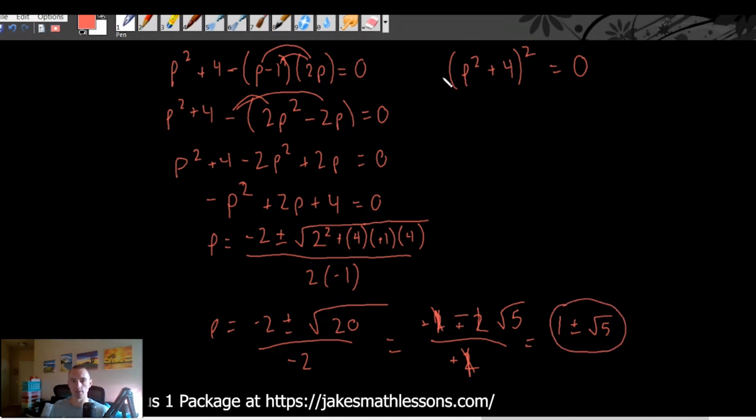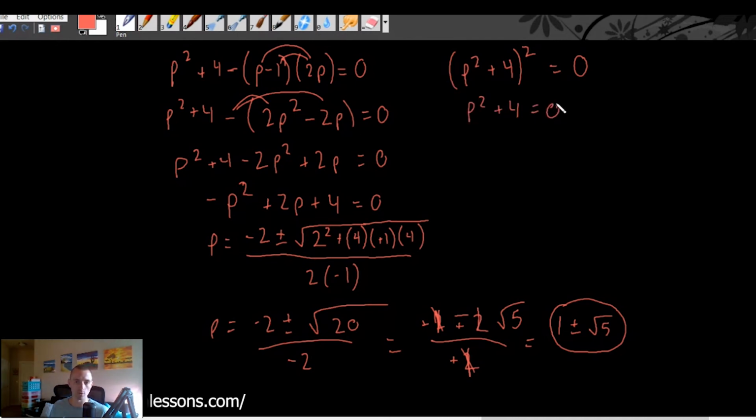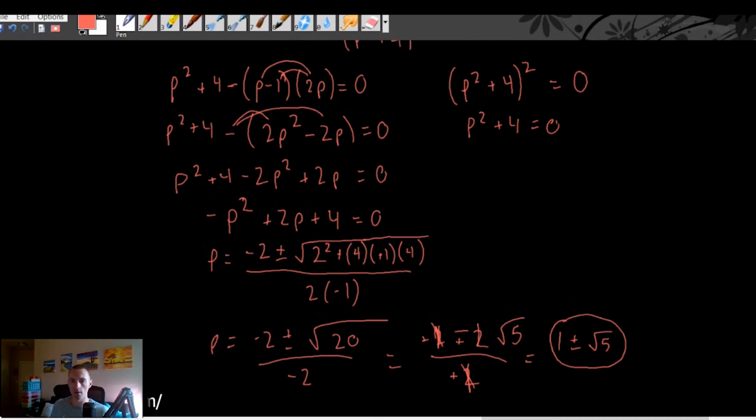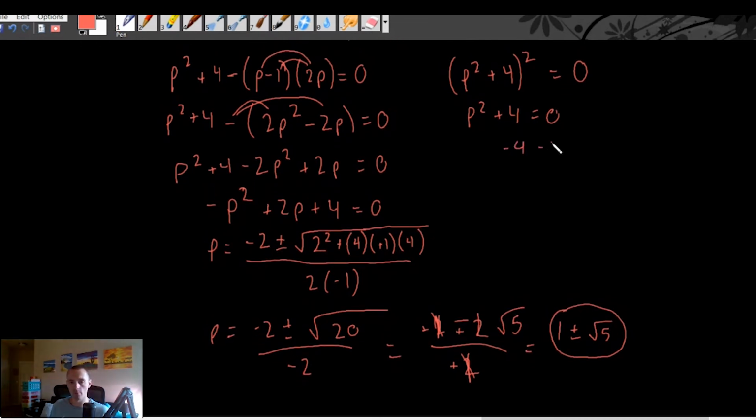Then we just need to solve this equation. So if we square root both sides, we get p squared plus 4 equals the square root of 0, which is just 0. And then we minus 4 from both sides. P squared equals negative 4. Well, you can't square root a negative.